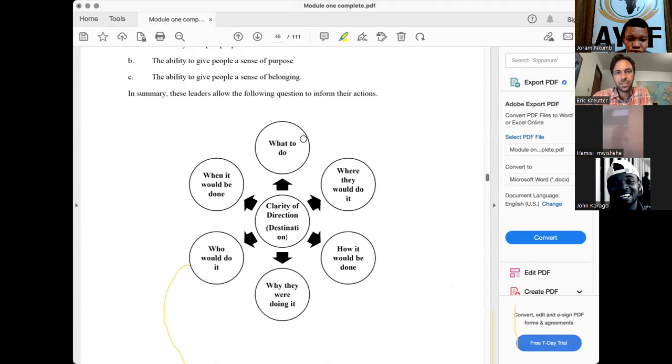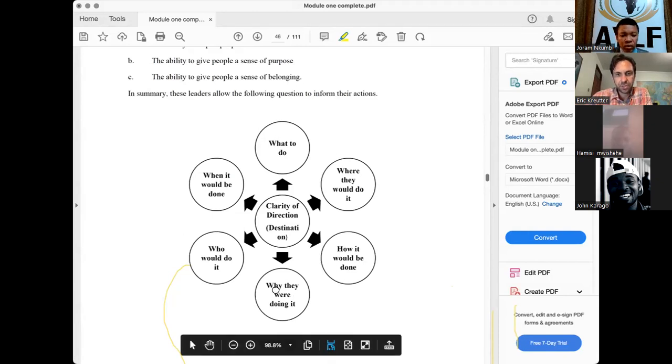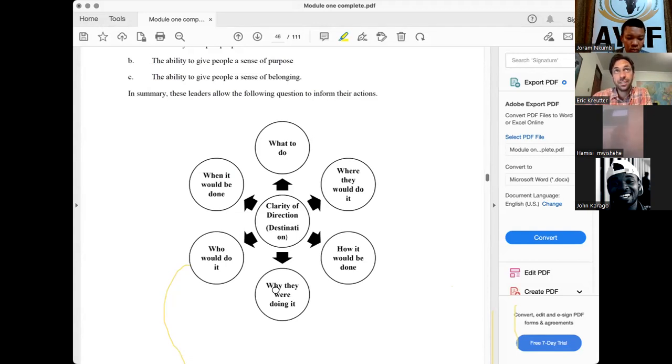There's six words here that are based on some basic words in the English language that are commonly used to answer questions. Who, what, when, where, why, and how. Those are kind of like the six classic question words. So they all start kind of with the same sound, but they encompass the full understanding of answering a question.